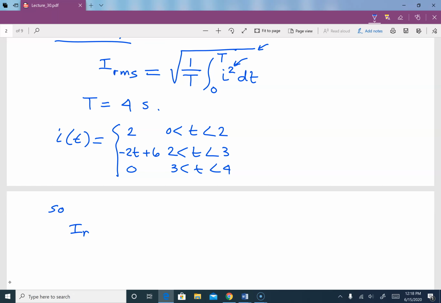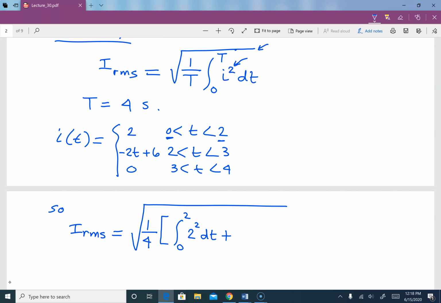we can say our IRMS is equal to square root of 1 over T, that is 1 over 4, multiplied by the integral 0 to 2, because this is 0 to 2, and that is 2 squared dt, plus the integral from 2 to 3, which is for this, that is negative 2t plus 6 squared dt, then plus the integral from 3 to 4 is 0 squared dt.